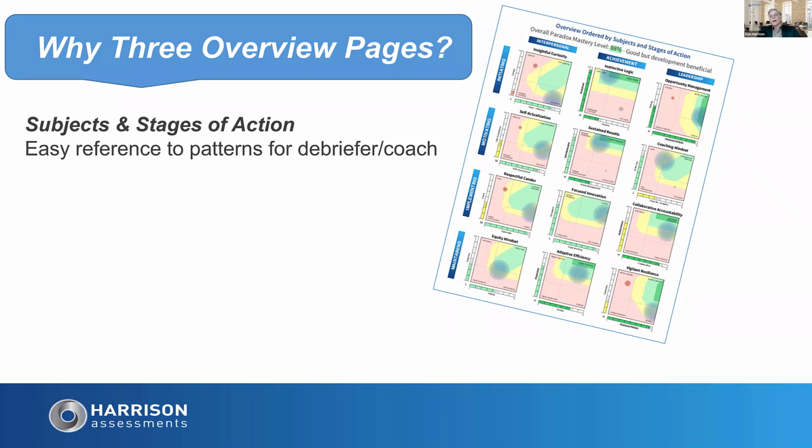And I can say, oh, that's interesting. They have aggressive imbalances on all the interpersonal paradoxes. That tells me something because those are cumulative. Or they have passive imbalances on all of the interpersonal paradoxes. That also tells me something because those are also cumulative.